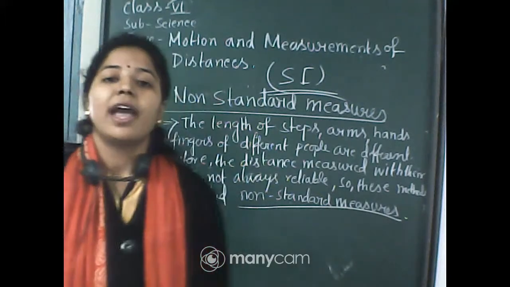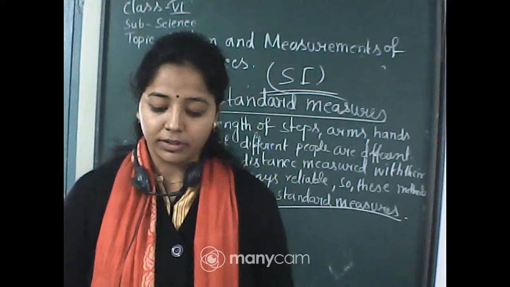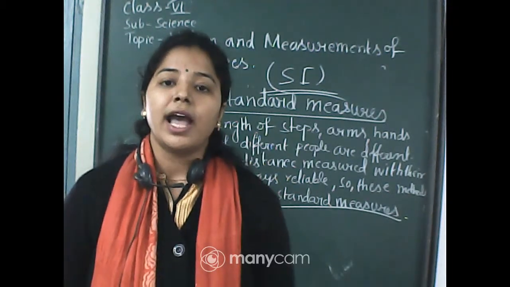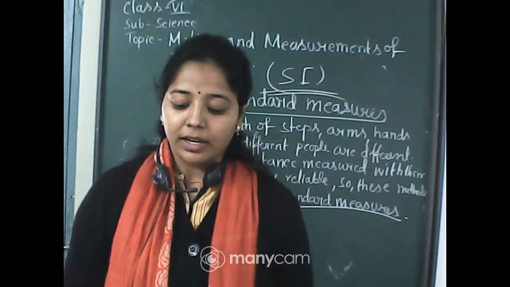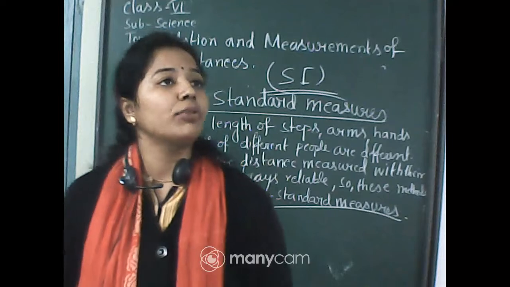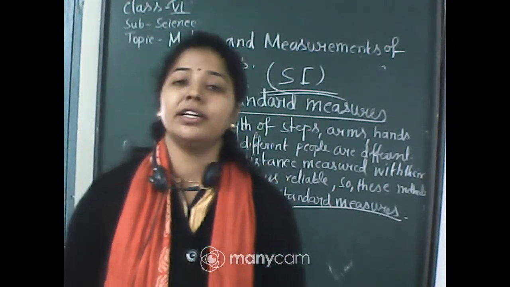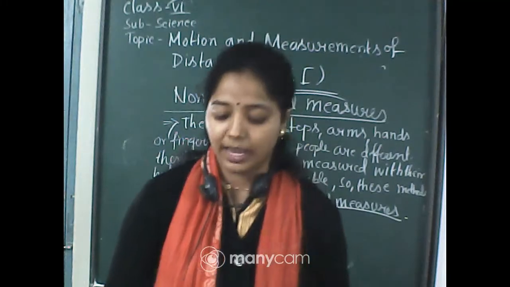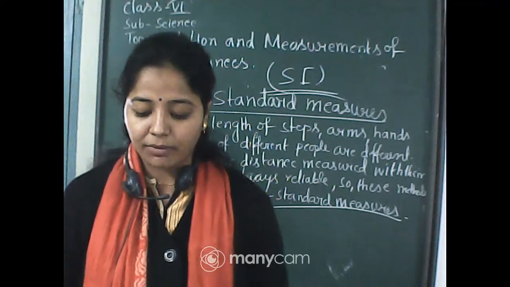So this is actually accepted all over the world, and for the sake of uniformity, scientists all over the world have accepted this set of standard units in the form of the International System of Units, known as SI units. I hope you understood this term SI unit.